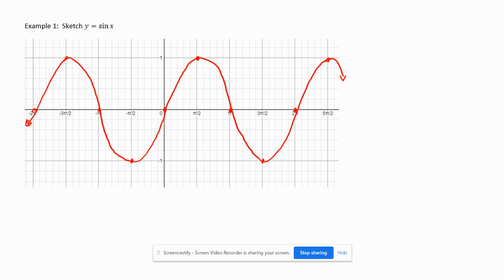This is how we graph y equals sine x. So the points would be: I draw this point first, then this point second, this point third, this one fourth, and this one fifth, and then just extend the pattern after this.